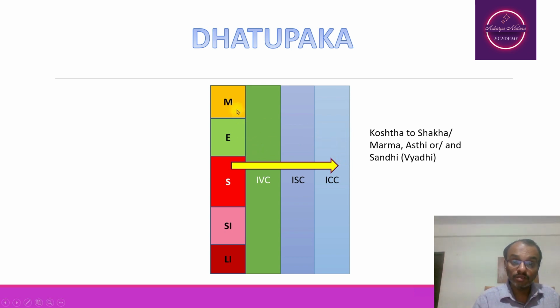In other words, from the Abhyantara Rogamarga they move into the Bahya Rogamarga, or from the Abhyantara Rogamarga they may move into the Madhyama Rogamarga. The pathogens multiplied at the alimentary canal level enter the intravascular compartment, from there the interstitial compartment, and from there the intracellular compartment. This is what is considered to be Dhatupaka.